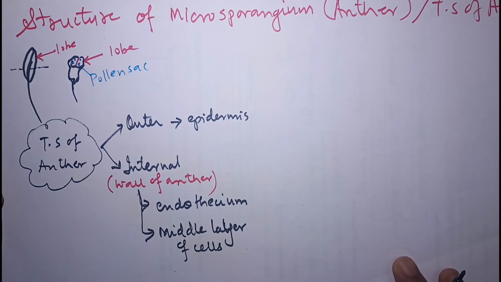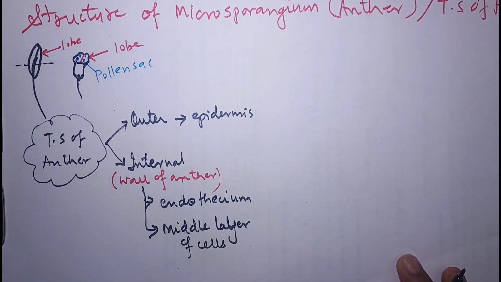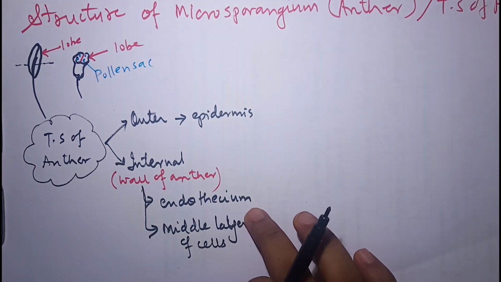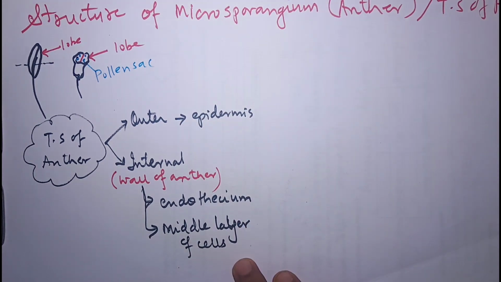Right now this middle layer is actually made up of 2-3 layers. Together, epidermis, endothecium and middle layer are giving protection for the development of pollen grains.